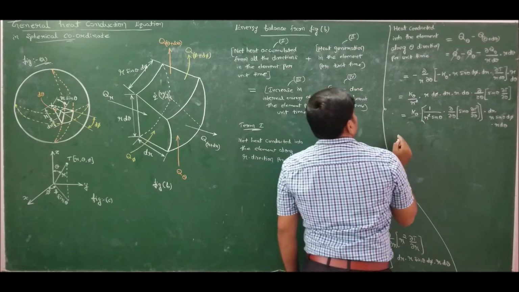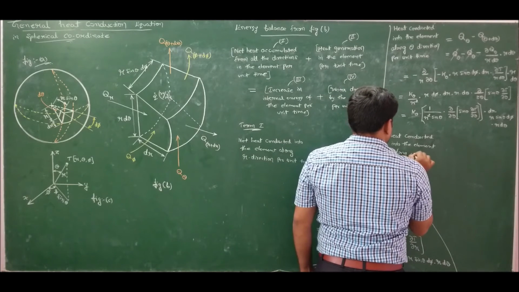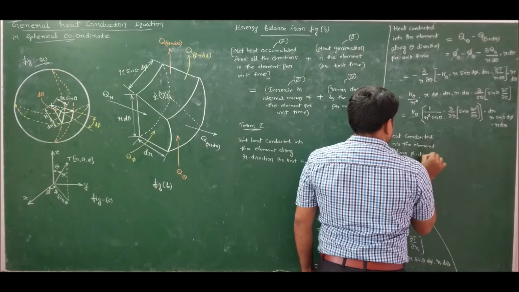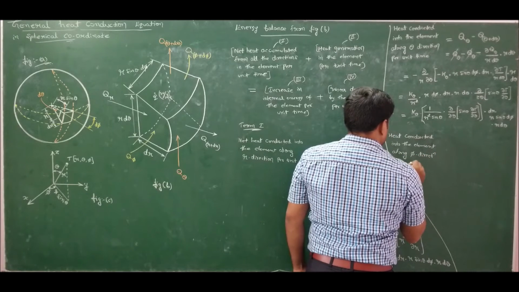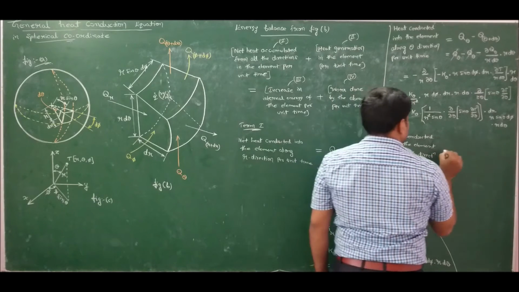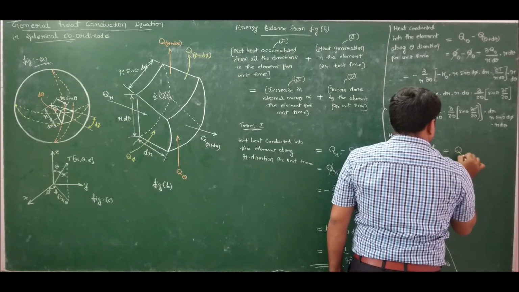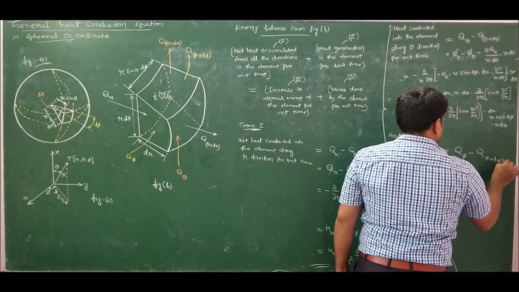So now, similarly, if I do heat conducted into the element along the phi direction per unit time, we are entering this q phi, giving this q of phi plus d phi.